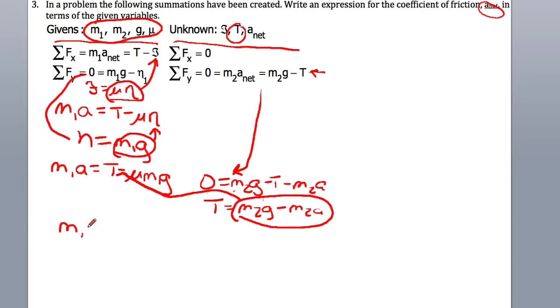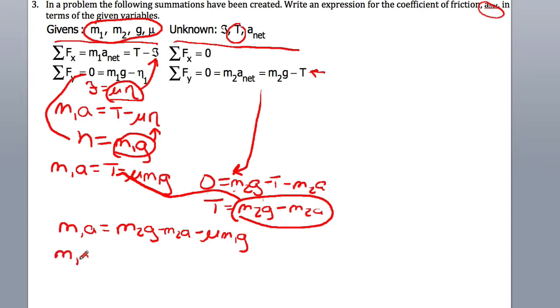So now m1a is equal to m2g minus m2a minus mu m1g. Great. I got rid of the mu's, the T's and the F's, and I've got a in there. So now all I've got to do is put a on the same side of the equality sign and isolate it. So I'm going to add m2a to both sides.